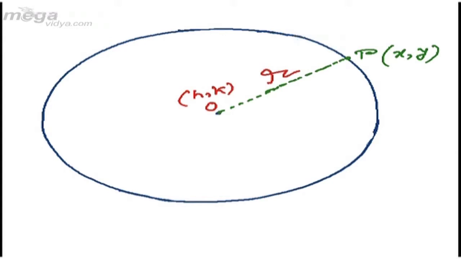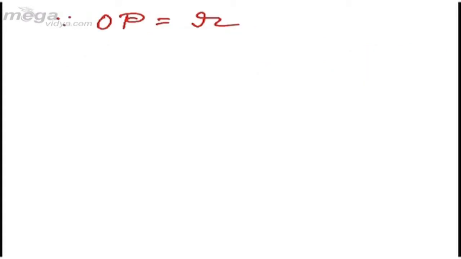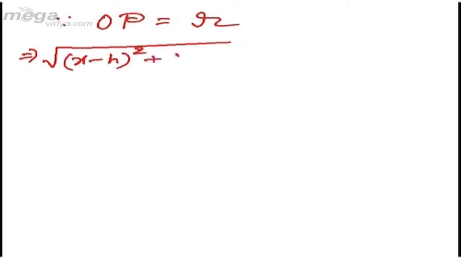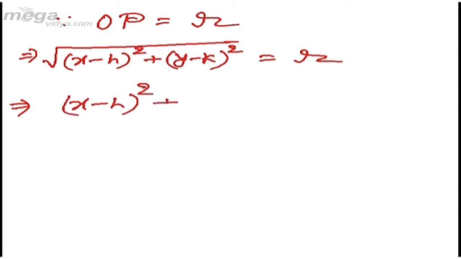Now by using the distance formula, the distance between two points x comma y and h comma k, we can find the distance between O and P. By the distance formula, it is square root of x minus h whole square plus y minus k whole square equal to r. Now squaring on both sides, we get x minus h whole square plus y minus k whole square is equal to r square.